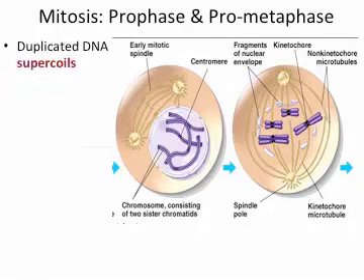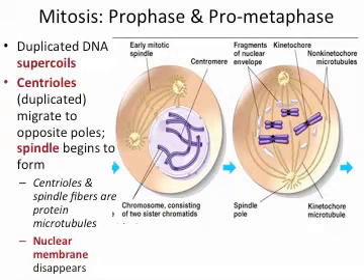Okay, so the duplicated DNA then gets ready to line up on what's going to be called the metaphase plate, and you're going to want to line up your sister chromatids along the metaphase plate. So the centrioles then are those things in gold in the cartoon.